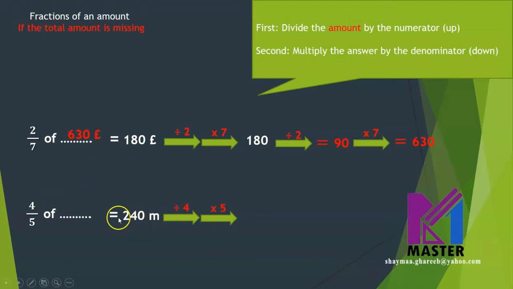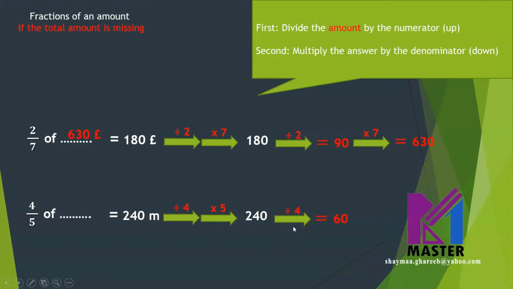So, when we divide the 240 meters by 4 to get the value of one part only, the answer will be 60. 24 divided by 4 equals 6. 240 divided by 4 equals 60. Or we can half the 240 twice. Half 240, 120. Half 120 is 60. Okay, so this is how we divide by 4.